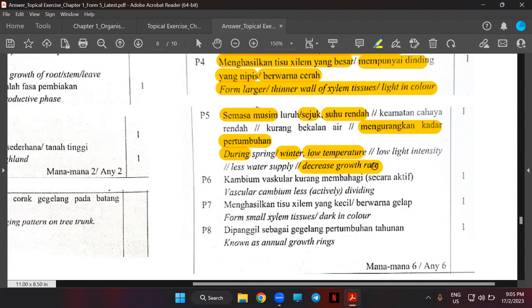Markah kelima. Cambium vascular kurang membahagi secara aktif. Vascular cambium less actively dividing. Boleh tulis. Menghasilkan tisu xylem yang kecil dan berwarna gelap. Forms small xylem tissue and dark in color. Dipanggil sebagai gegelang pertumbuhan tahunan.